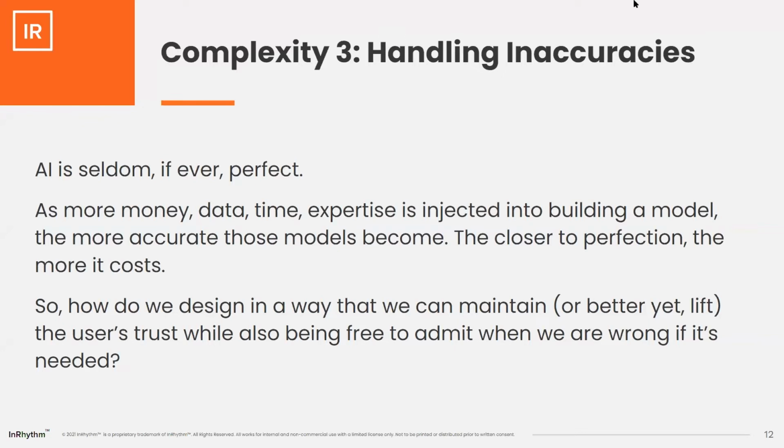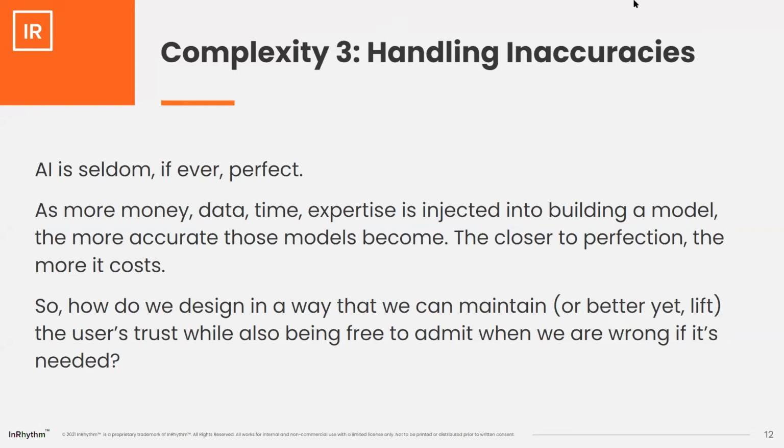So those kinds of inaccurate predictions create the third complexity that we face really when designing for AI. Today it's pretty easy to build an AI model with an accuracy of 80, 90%, but really achieving that last mile is a totally different story. It requires more money, more data, more time, more effort, more expertise.